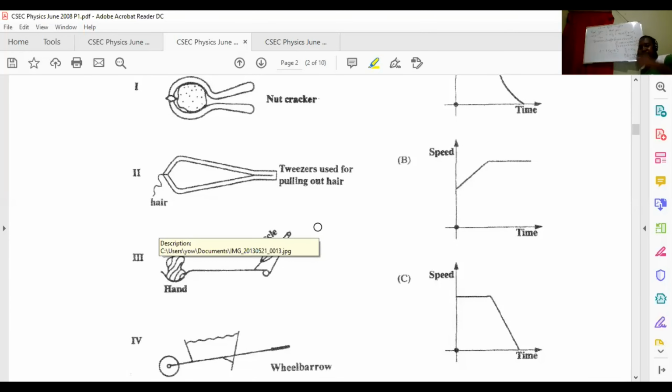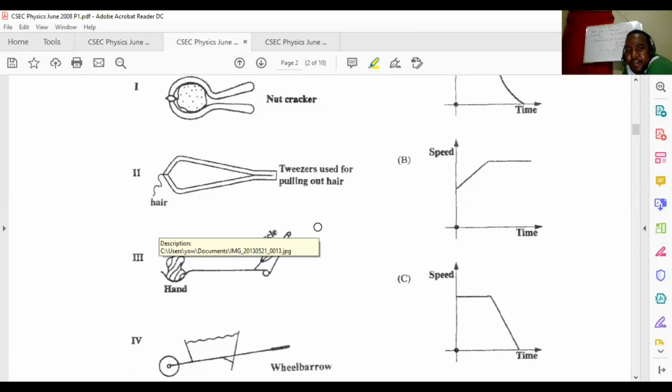Let me give you the reason why. We have 3 classes of simple machines, right? If you notice 1 and 3, the fulcrum is actually at the part where you're applying your effort.